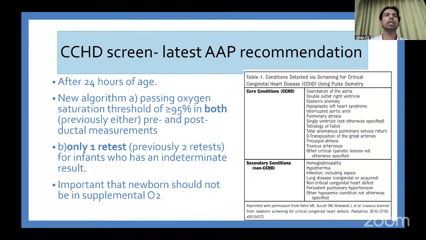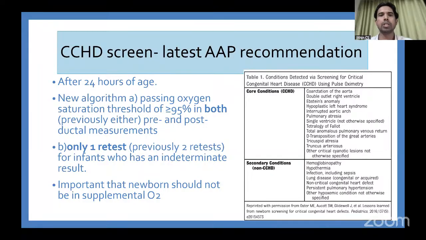Now coming to the CCHD screen, which is the critical congenital heart disease screen, and it is done after 24 hours of age because of high false positive cases before that time period. The new algorithm says that we have to measure preductal saturation on the right hand and the postductal saturation in any of the lower limbs.